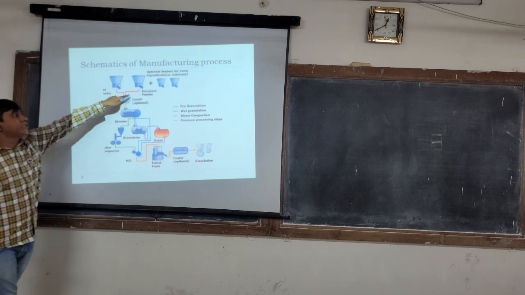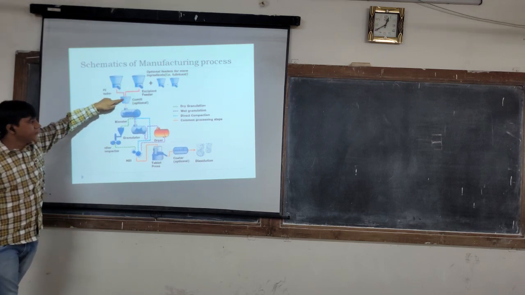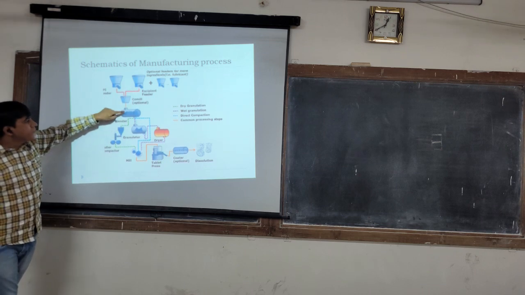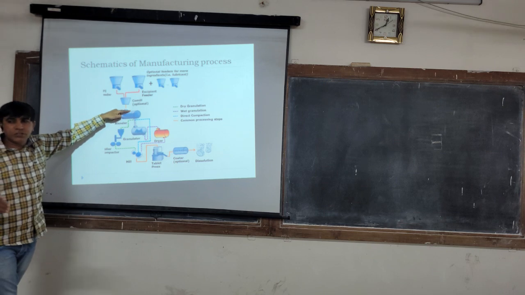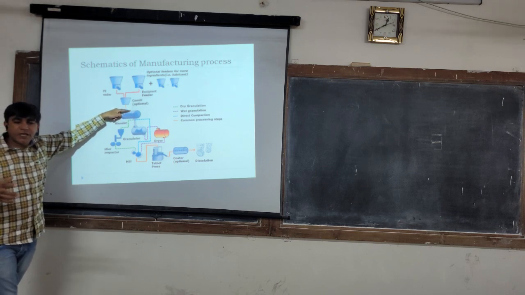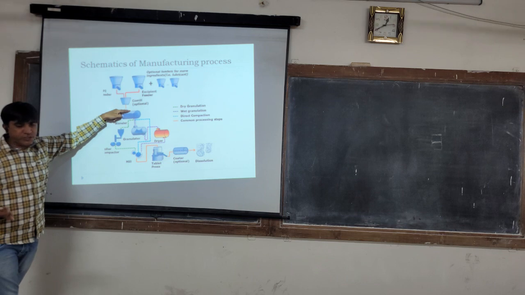So API plus excipients are mixed together. It is required for all. Then co-milling, it is optional. Sometimes we need to reduce the size of one or more ingredients. Sometimes they are milled together, but it is an optional step.